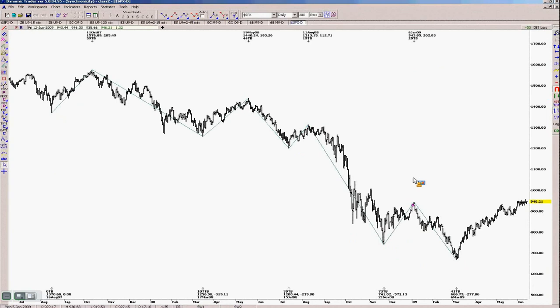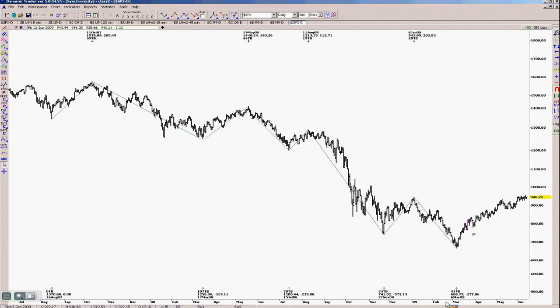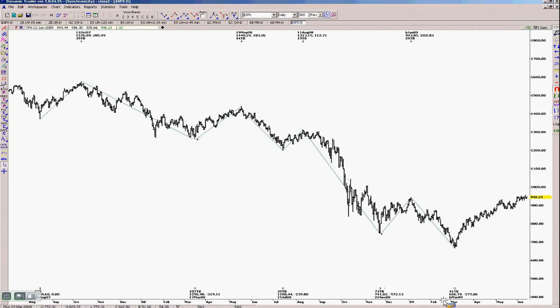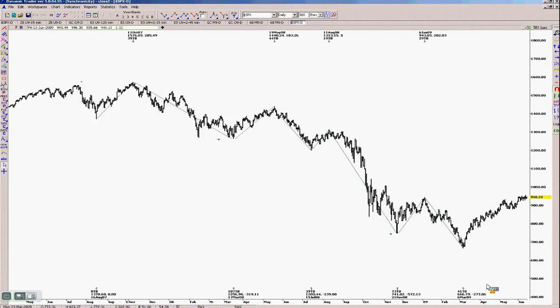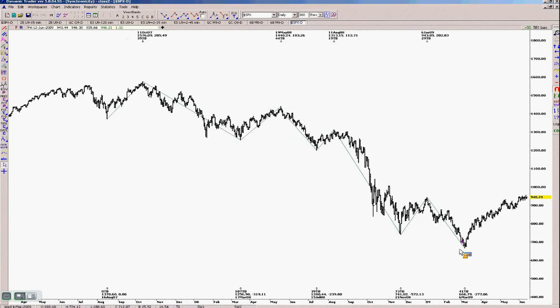I believe that, but you don't have to believe that to use this work. You can test it for yourself and see if it works for you. I just wanted to give you an idea of some of the larger swings that you might use for bigger picture analysis, okay?